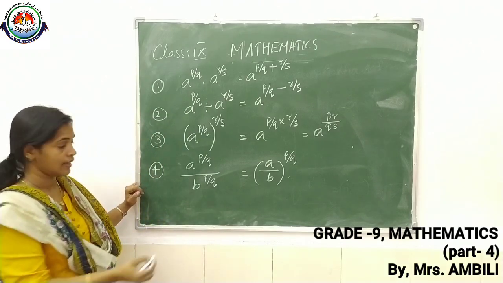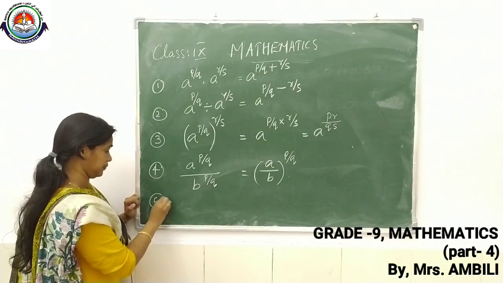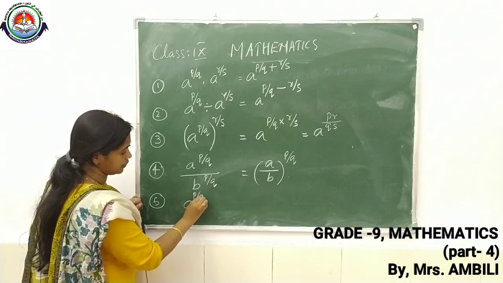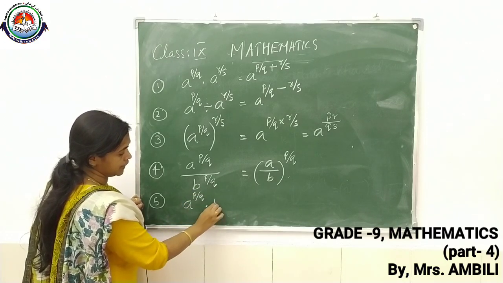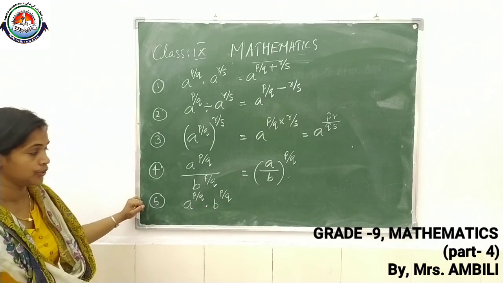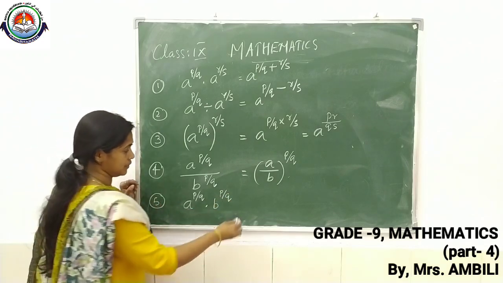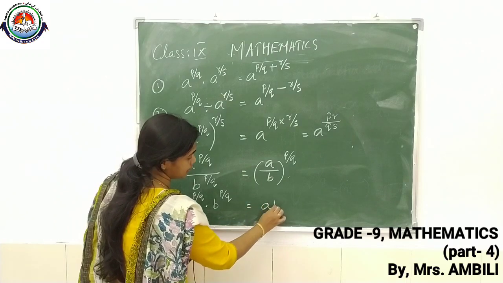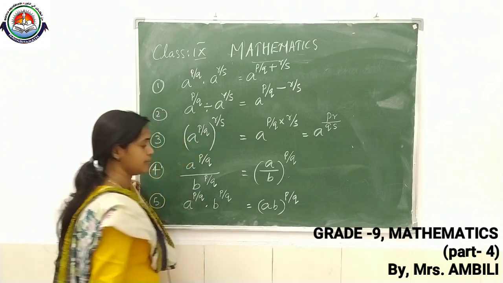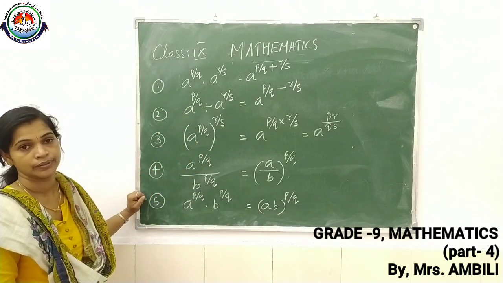The last one, a raised to p by q into b raised to p by q. How can we write? A into b, the whole raised to p by q.